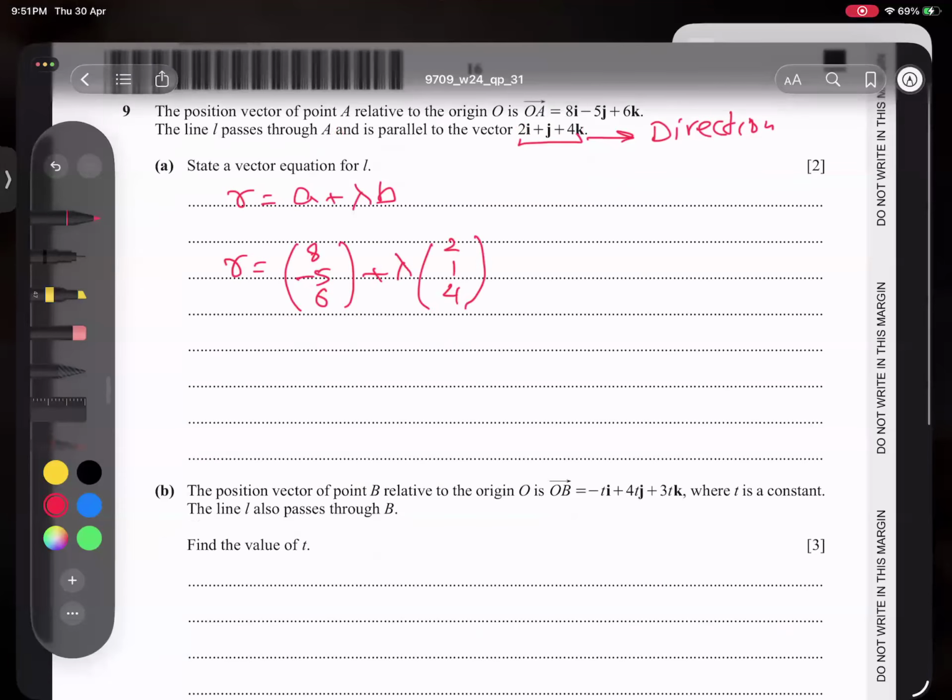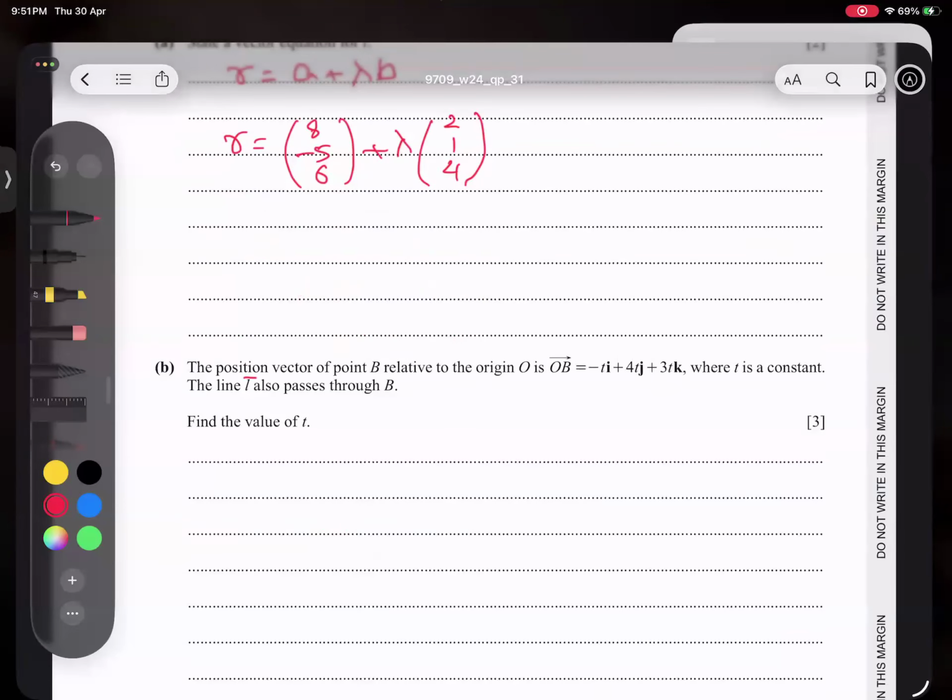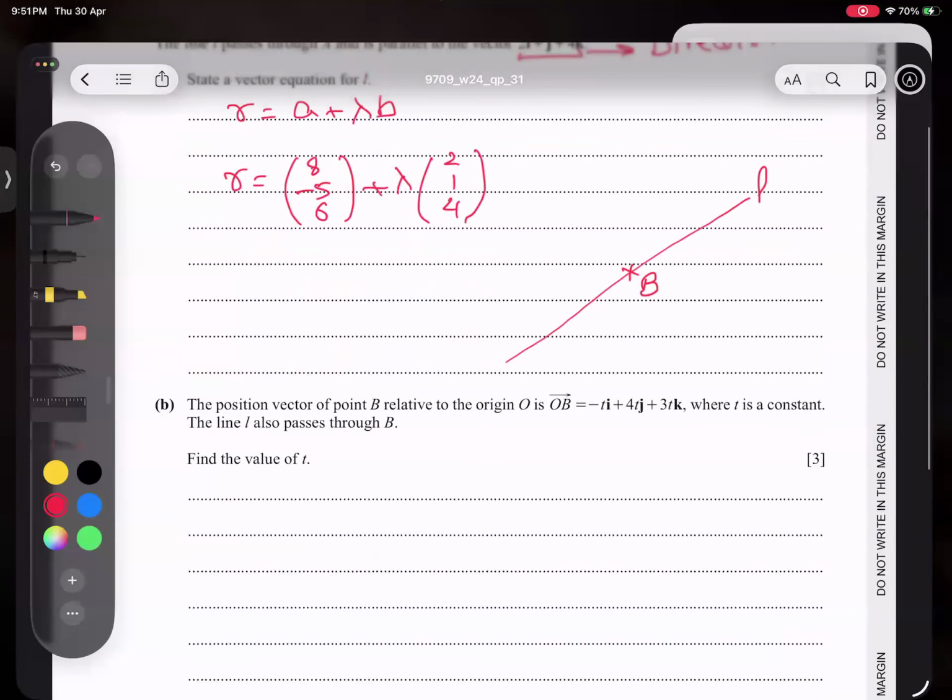Next part. Let me check finally 2, 1, and 4, 8. Yeah, correct. Okay. Well, second part. The position vector of B relative to O is this, and the line passes through B. It means the line is given and B lies on it. When B lies on it, first of all I can convert to standard form, students. What is standard form?